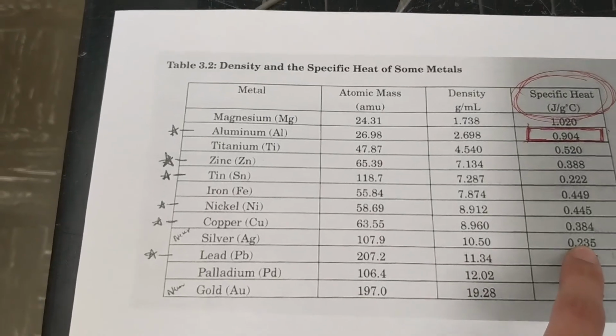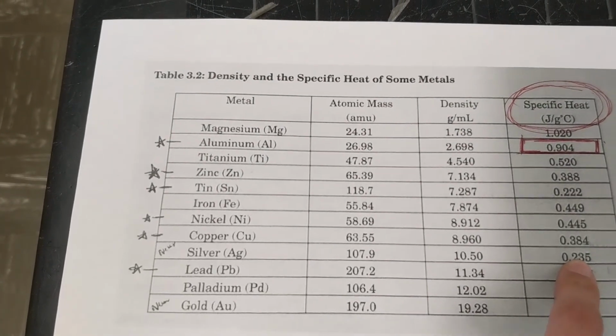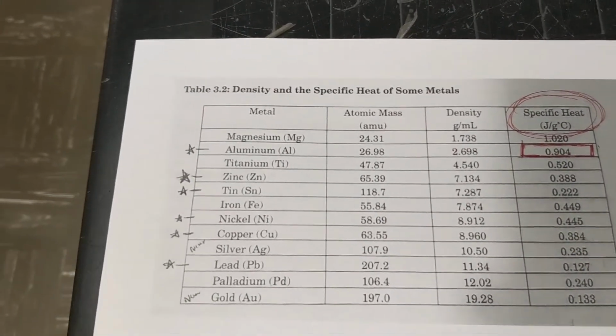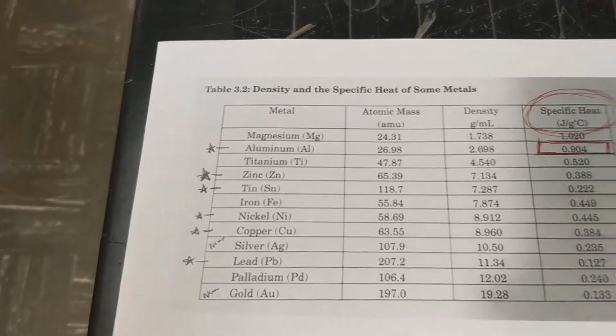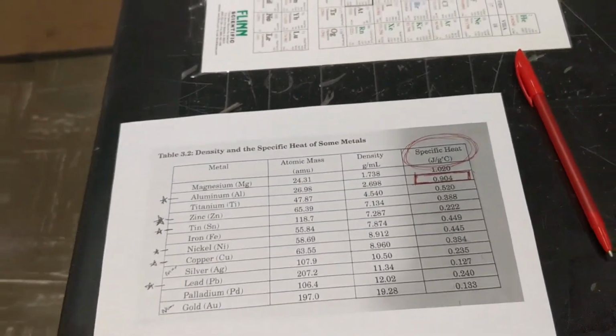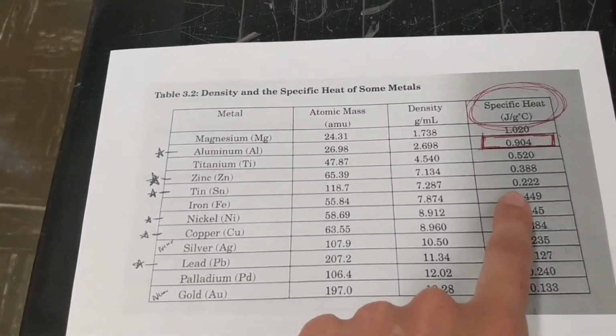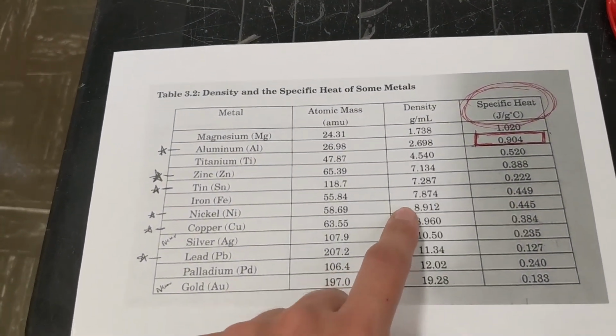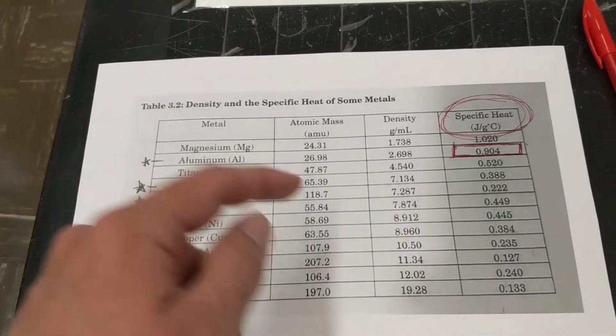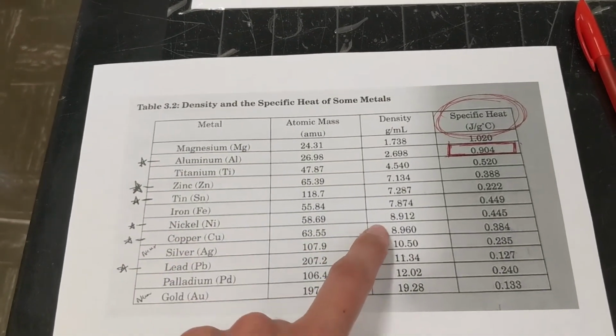So it's probably iron or nickel. And they have very similar specific heats. So in order to find the actual identity of it, we'd probably have to do something like density.